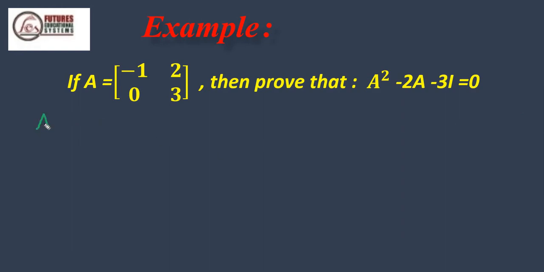A squared is equal to -1, 2, 0, 3 multiplied by itself, -1, 2, 0, 3. Multiply the first row by the first column.